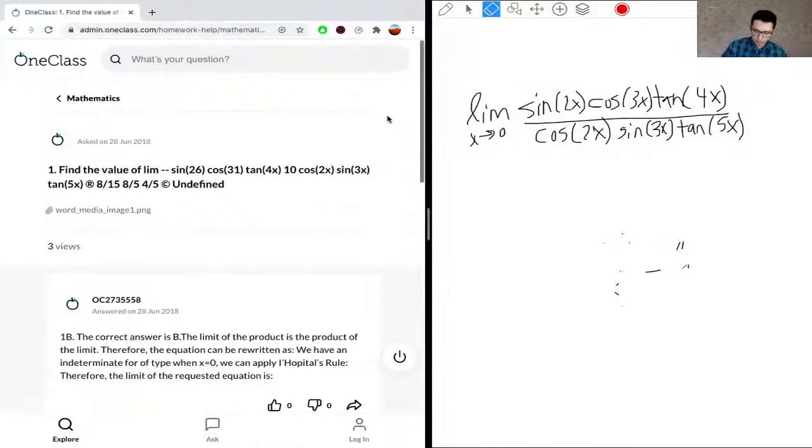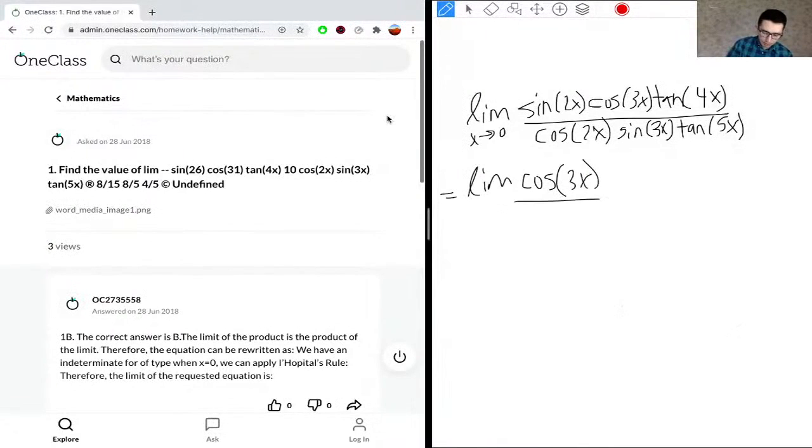Alright, so the first thing we do here is we split up the function into separate components. So we'd say the limit, we'll take the cos and we'll keep them together.